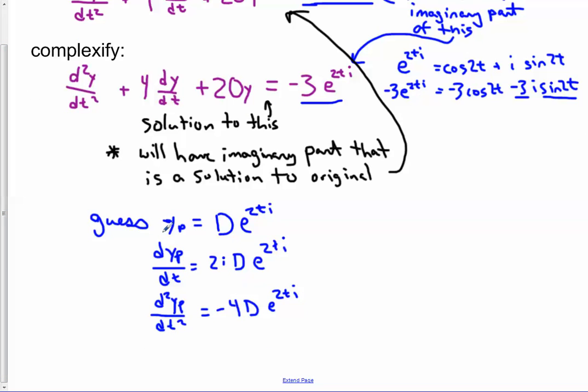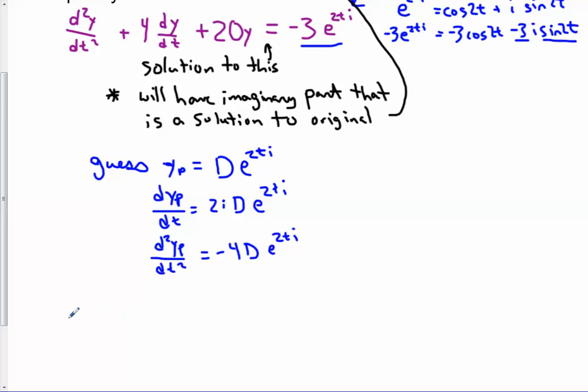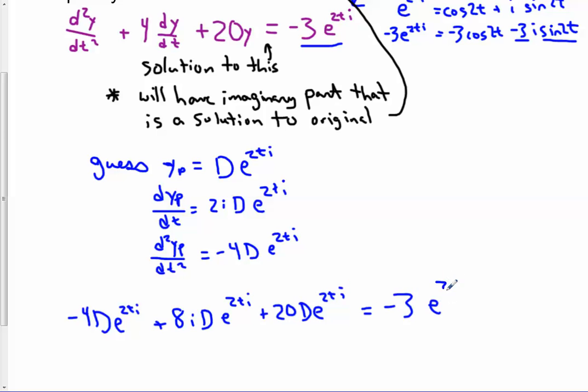All right, now we plug everything in. So we get -4d e to the 2ti plus, and then it was 4 times the first derivative, so that'll be 8i d e to the 2ti, and then plus 20 times y, so 20d e to the 2ti, and this is supposed to equal -3 e to the 2ti. Now it's all e to the 2ti, so that all just factors together.